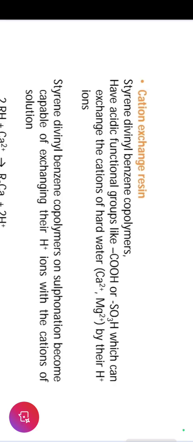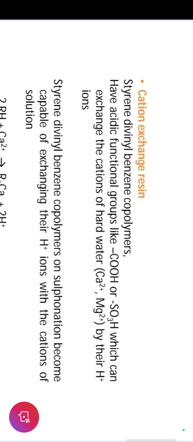First one, the cation exchanger or cation exchange resin. These resins contain acidic functional groups like COOH, SO3H. They are capable of exchanging their hydrogen ions with the other cations of hard water.